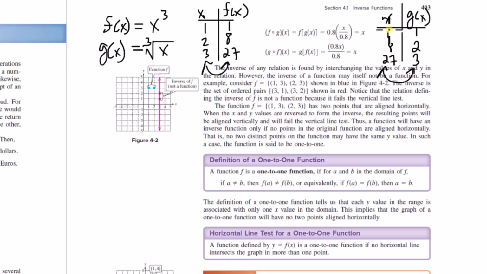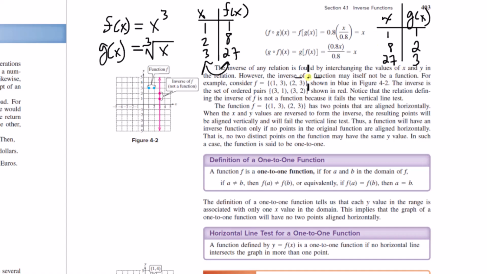We could have chosen some random inputs for g of x that were independent from this, and it wouldn't have looked like anything. But the idea is with an inverse, we could take the outputs of one of the functions, input them into the other function, and undo what was done.